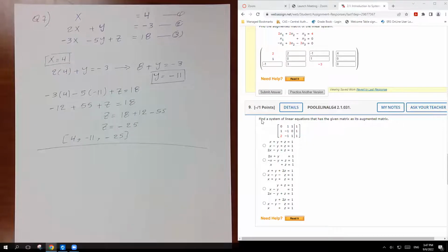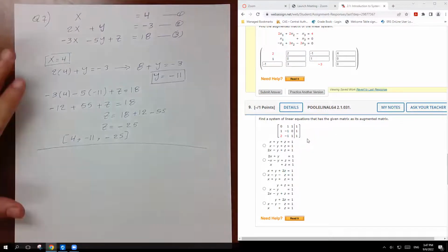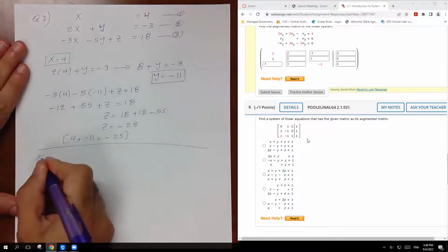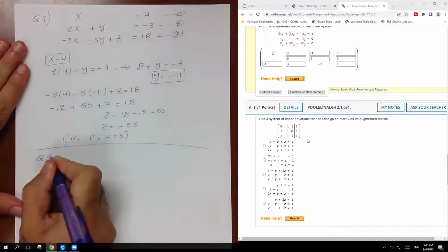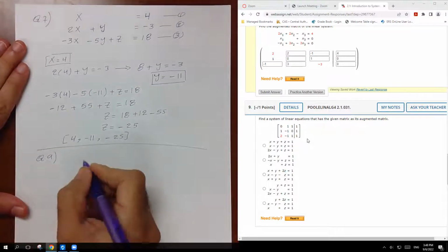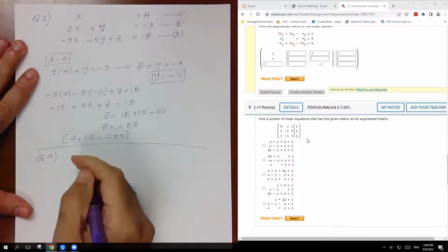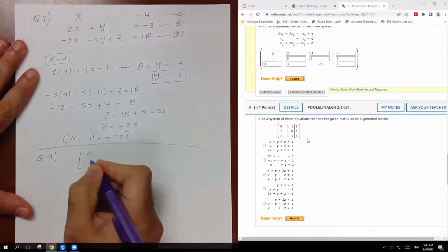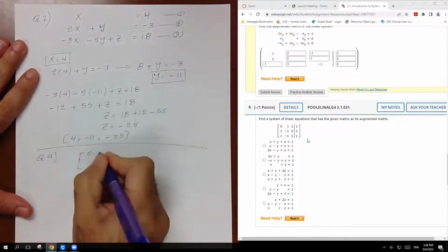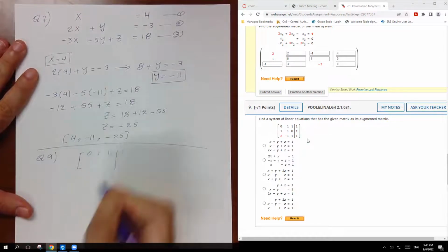So next question, find a system of linear equations that has the given matrix. We have the matrix and we need to find the linear system. That's why I'm telling you, be careful, because we have now the opposite thing. So question 9, we have the system. The first row is 0, 1, 1, and here is the constant 1.